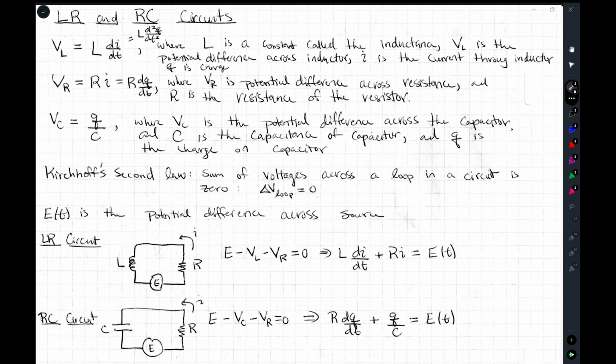Now the voltage, the potential difference across an inductor, V sub L, is equal to L di/dt. Notice this is first order in current. If we were to use charge, well, current is actually the rate of change of charge.